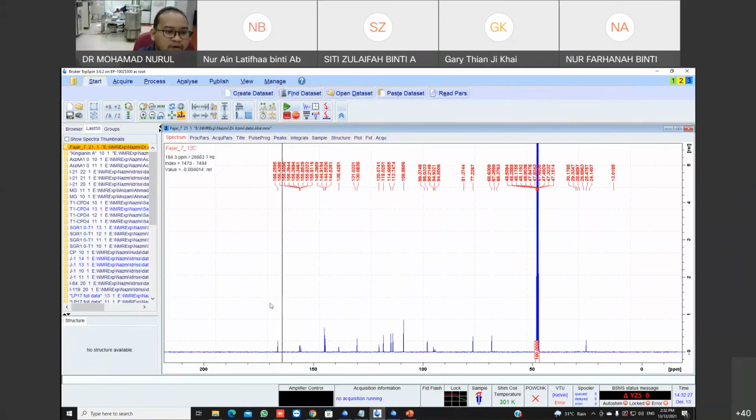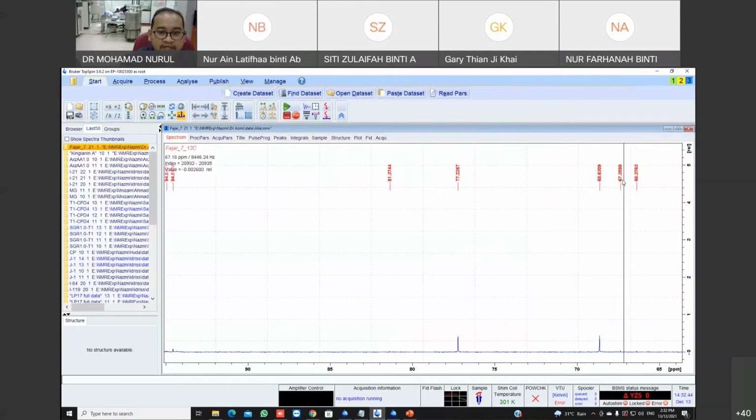Okay. This is methanol D4. This is your peak compounds. Make sure you understand and remember the table, the solvent that you usually use. Okay. So just do the same. For example, I already did calibrate here. So you will see, this is not a peak, but it is measured as a peak. So we have to do it manually.